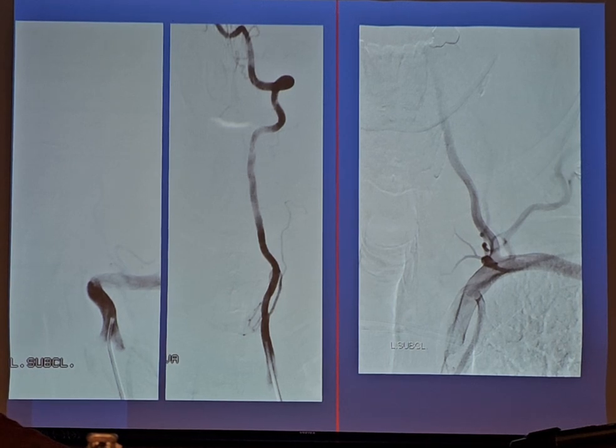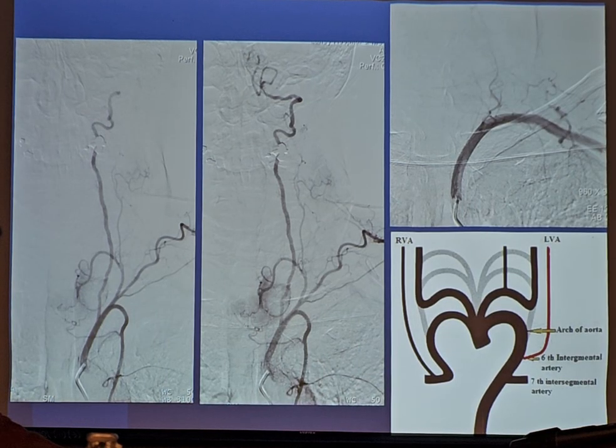So sometimes you may have a common origin. You can see that the vertebral artery gives off ascending cervical and thyroidal branches also. From the subclavian artery is a vertebral artery, but not the thyroidal branches. It's coming from the main trunk of the vertebral artery itself.